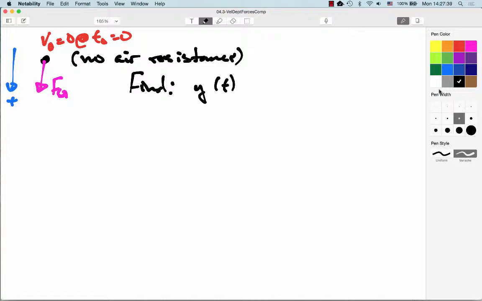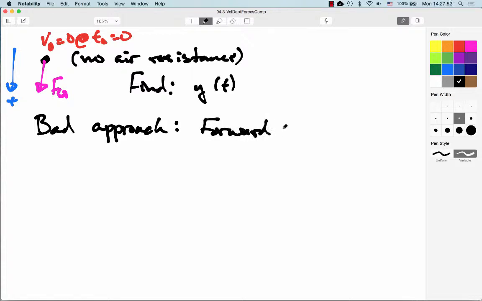So a bad approach, and I'm just going to warn you right now it's bad, but it's instructive, would be a forward Newton method.